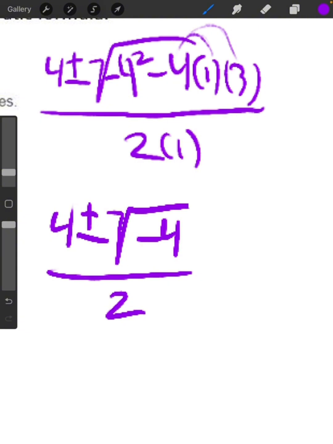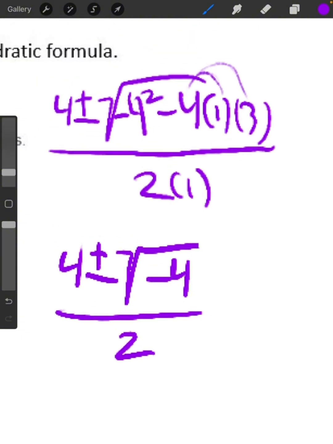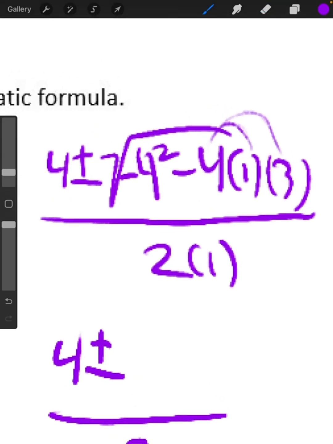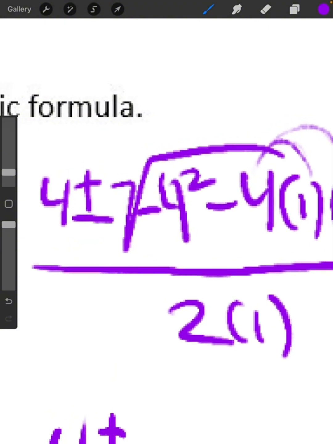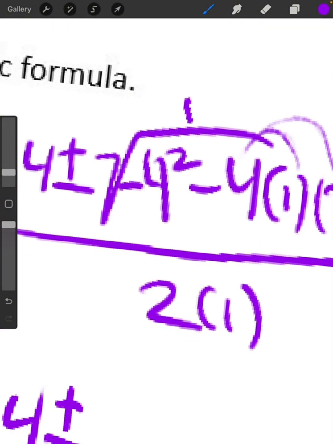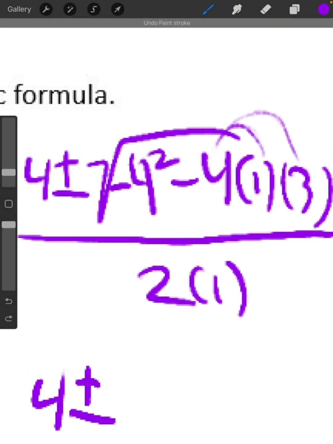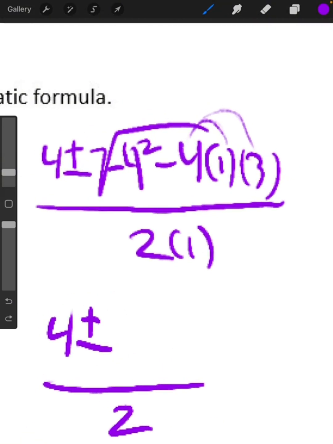Give me a moment as I reevaluate this equation. That's where I messed up. So, for some reason, instead of thinking of it as -4 times -4, I thought of it as -4 times 2. My bad. So, -4 times -4 equals a positive 16.